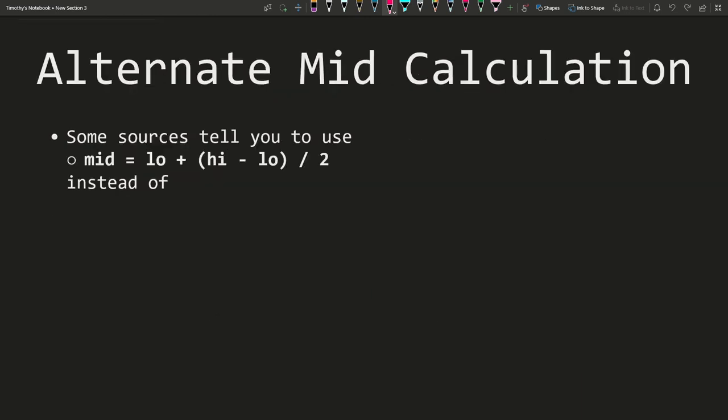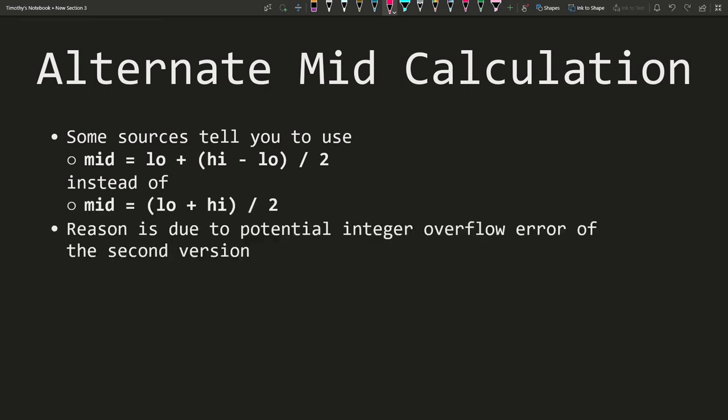Now, with those out of bound tips, we also have some alternate mid calculations. So some sources tell you to use mid is equal to low plus high minus low divided by 2, instead of mid is equal to low plus high divided by 2. The reason we do this is due to the potential integer overflow error of the second version.